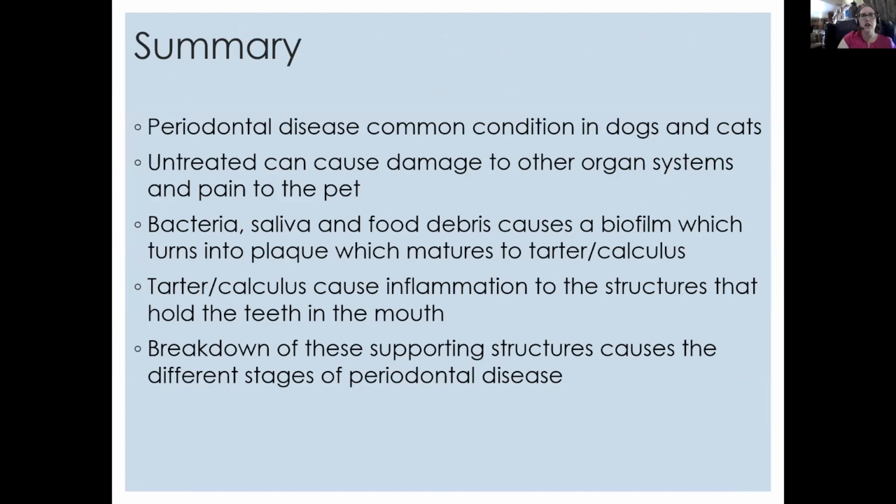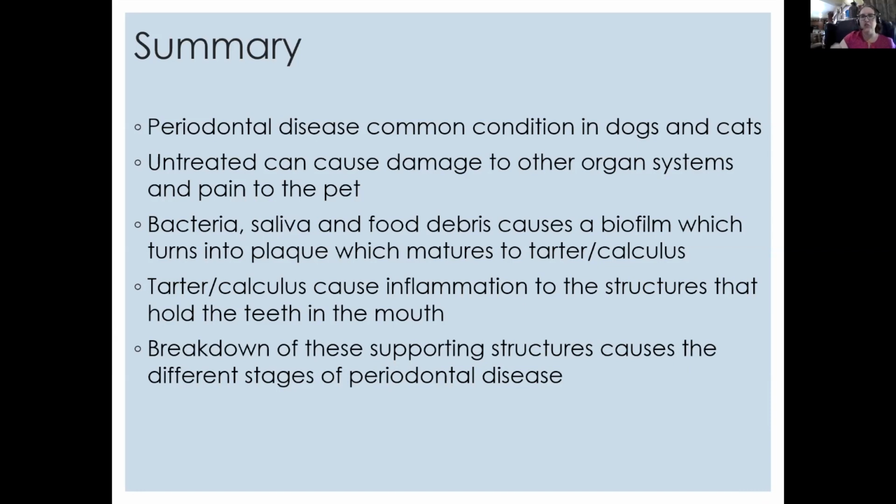So in summary, periodontal disease is one of the most common conditions that general practice veterinarians see in dogs and cats. If left untreated, it can cause some damage to the other organ systems and to the pet. And we need to remember that the bacteria, the saliva, and the food debris cause a biofilm, which turns into plaque and matures into those hard barnacles of tartar and calculus that you can see on the tooth surface.